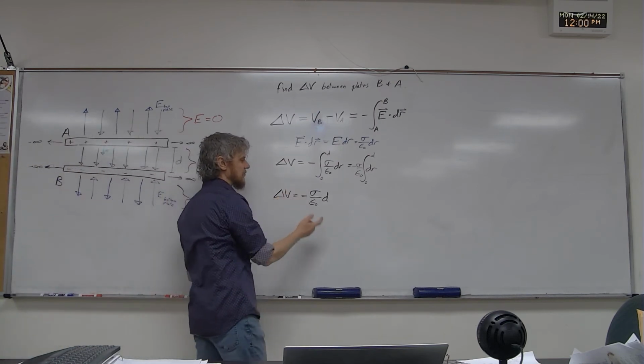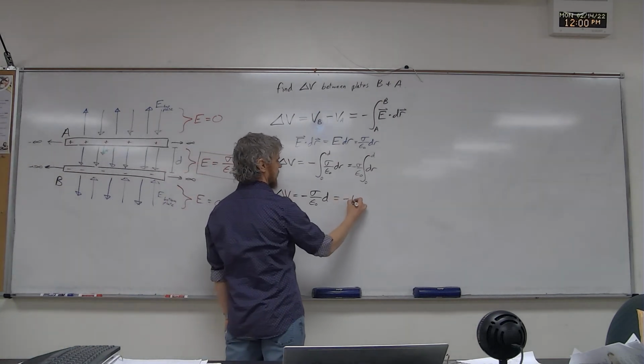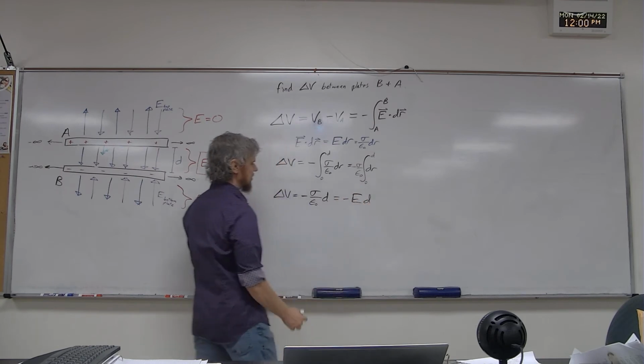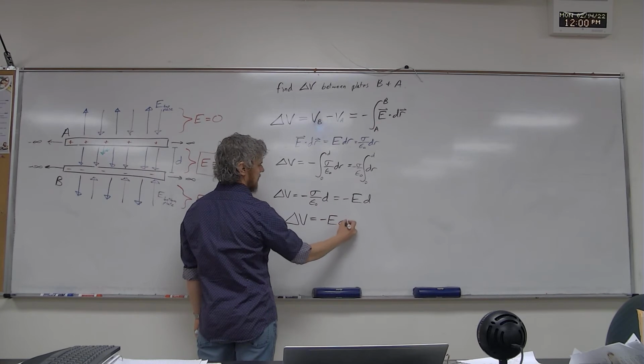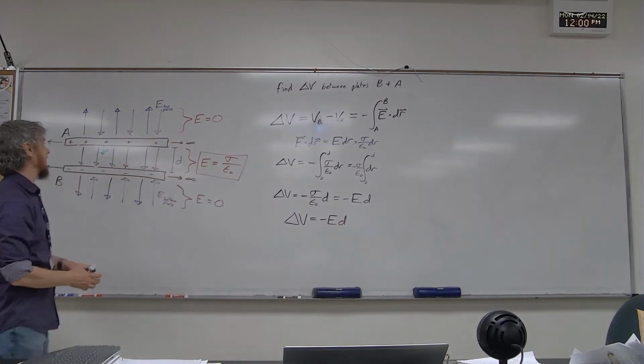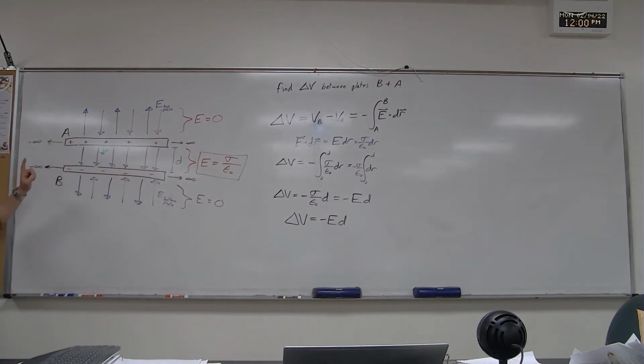All right. And notice that sigma over epsilon naught is simply the electric field, so you often see this: the potential difference is negative E times D, if you're going from the positive plate to the negative plate. Because you do expect that potential difference to be negative, because your final potential is smaller than your initial potential.